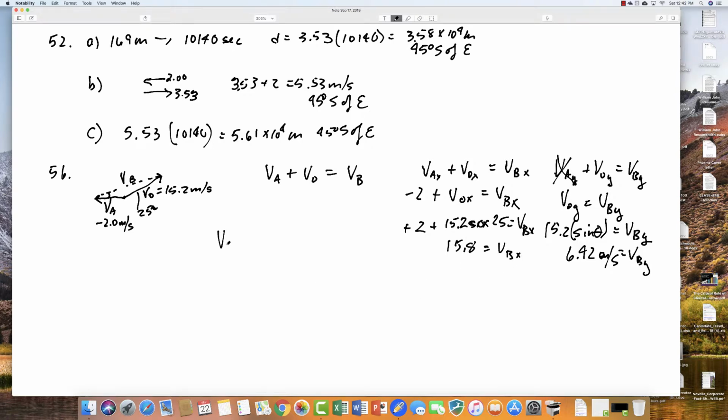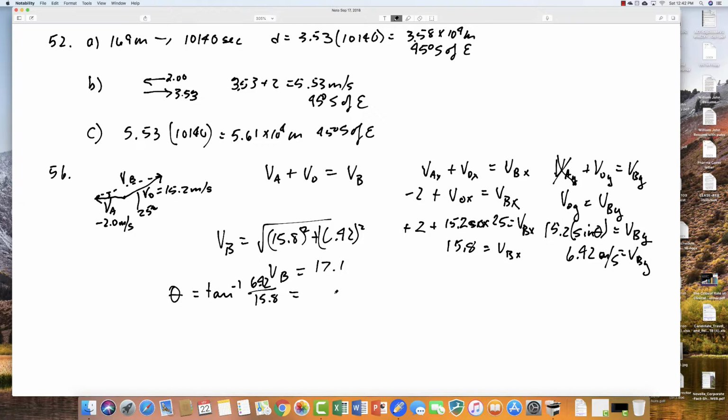So VB is going to equal the square root of 15.8 squared plus 6.42 squared. And so VB is equal to 17.1. And the angle is going to equal the inverse tangent of 6.42 divided by 15.8.